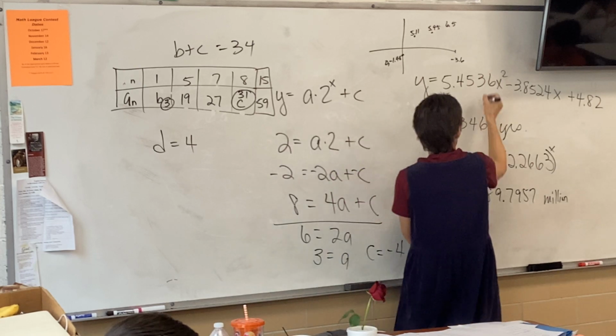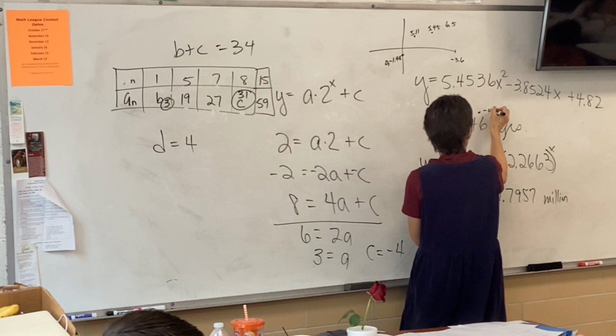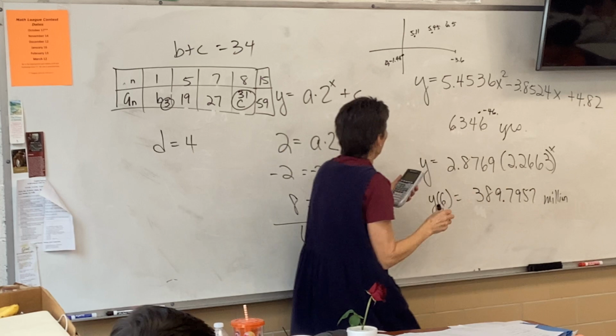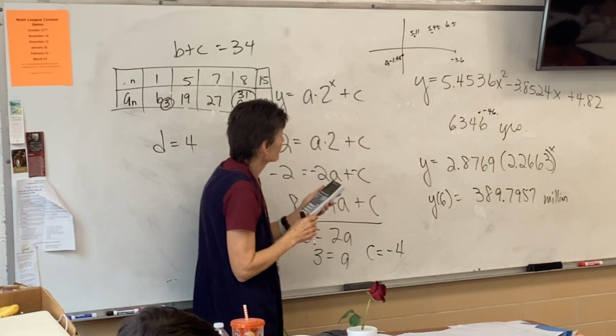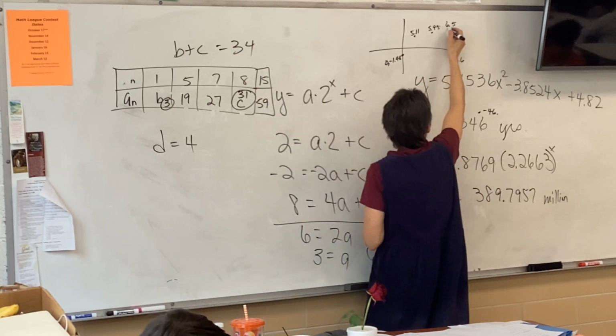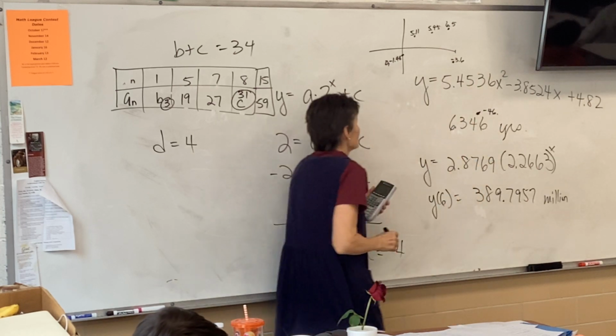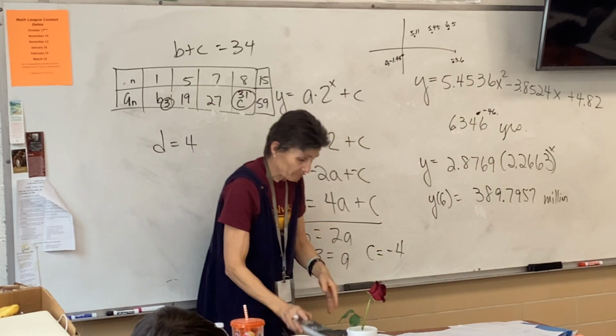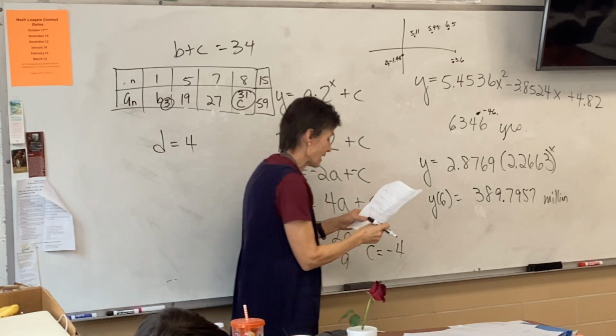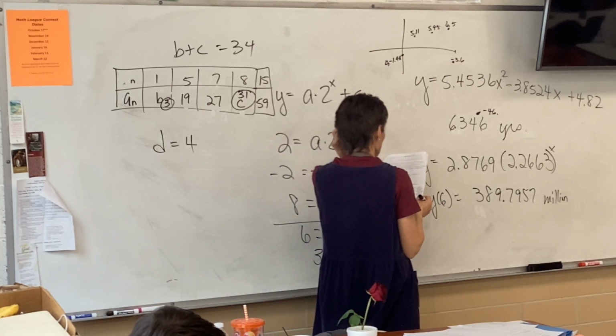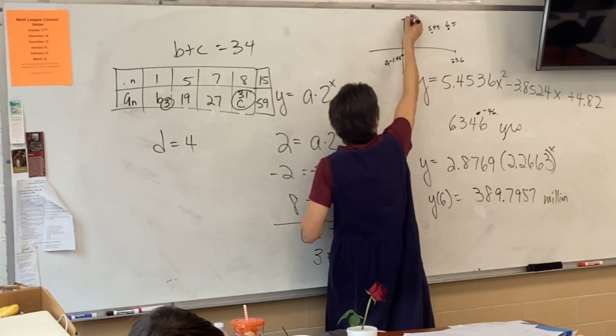And whoops. Negative 46. So I got a plot that looks like that. And for my scale, I used 12s.